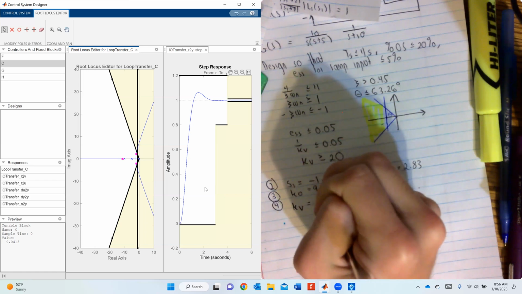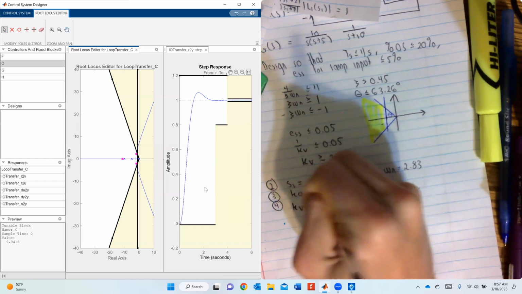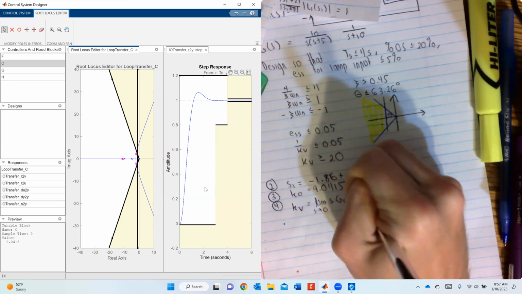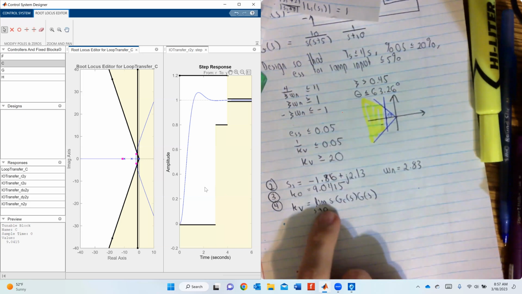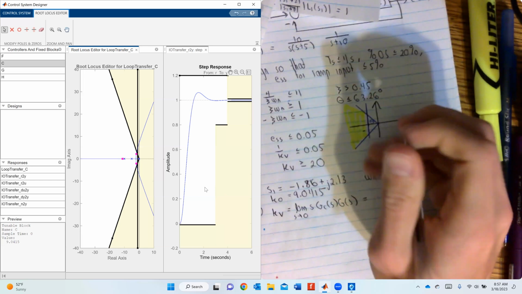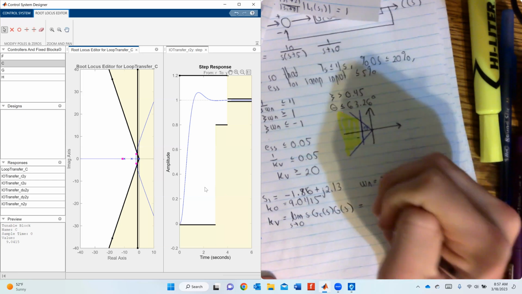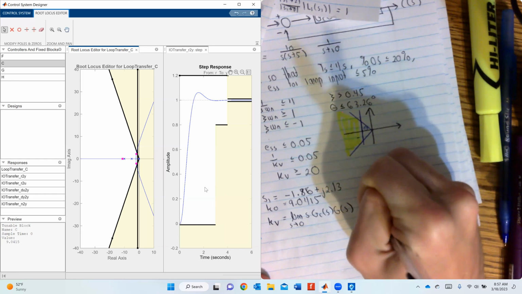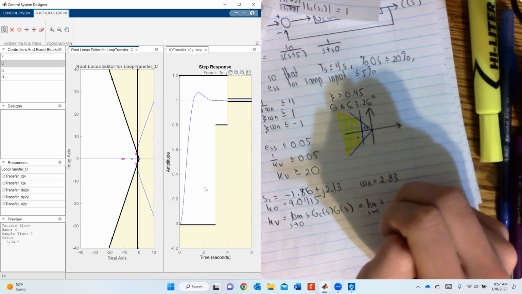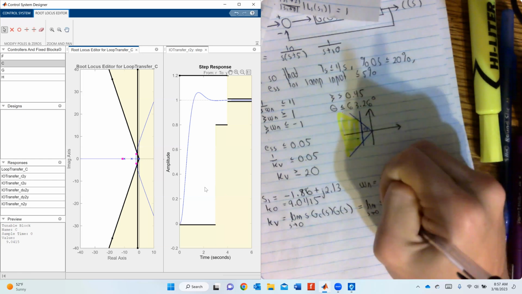When we have to determine the ramp, recall that the velocity error constant is the following format: it's the limit as s goes to 0 of s times Gc(s) times G(s), which is your open-loop system. Because it's velocity here, we have s times Gc(s).